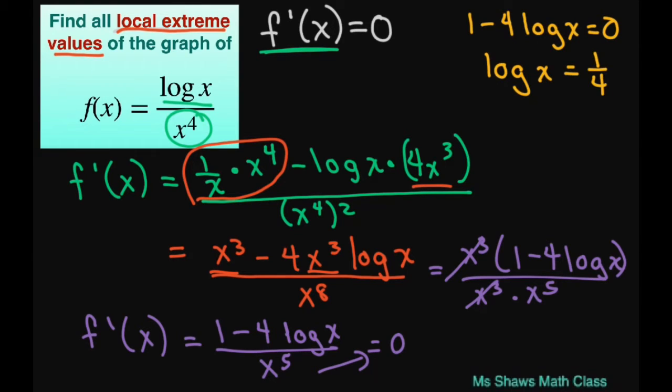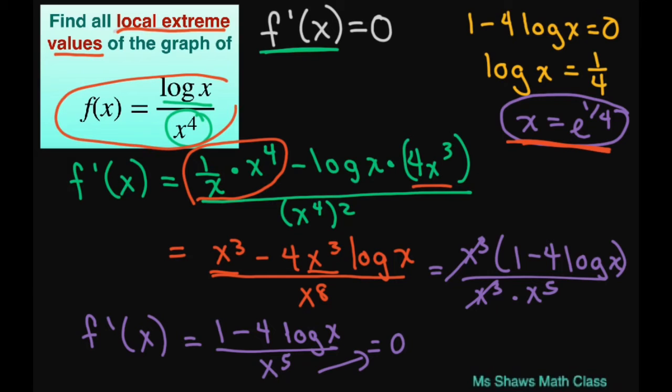And then we can rewrite this in exponential form. We can write x equals e to the power of 1/4. All right, so that's your x value. To find your min or max value, we have to substitute this back in to our original equation. And that's going to be your min or max value.